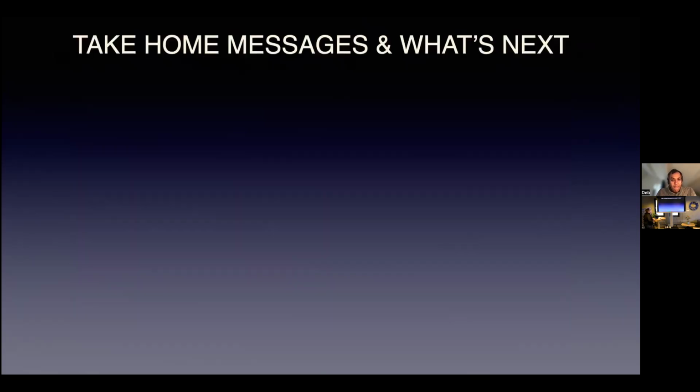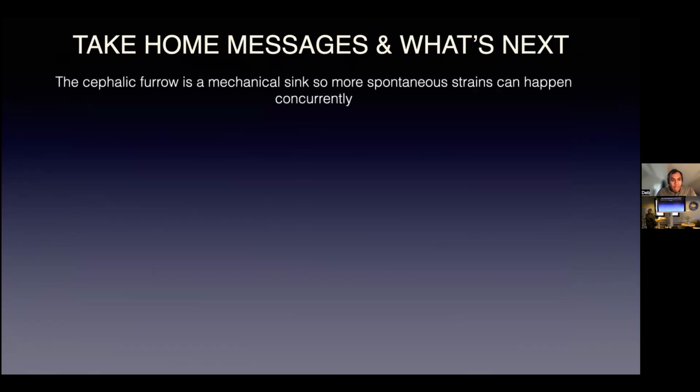And so the take-home messages from today, the mechanical network part, and what else we can do with this, is just to remind you of the cephalic furrow, right? The first biological example we talked about today is a mechanical sink, so that more spontaneous strains can happen at the same time in evolution. Right? You can do development faster, you can initiate more spontaneous strains faster.